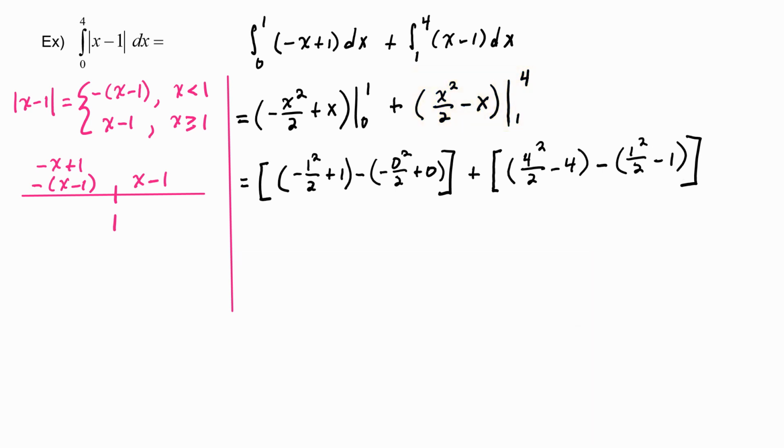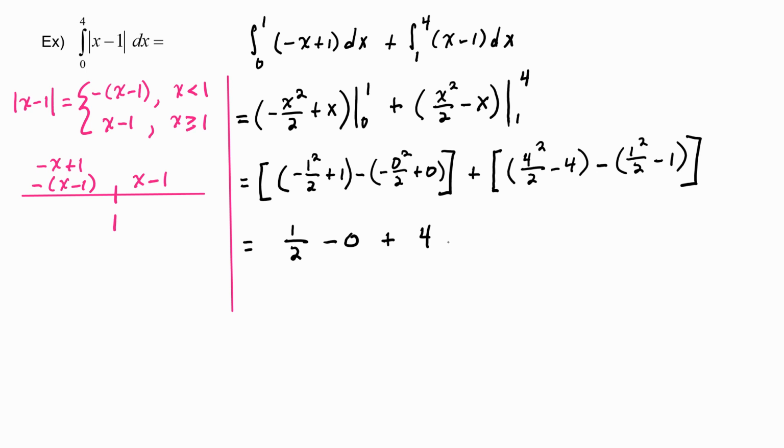Now we are ready to simplify. Here we see that we have negative 1/2 plus 1. That's going to be 1/2. And then here we get minus 0. Let's bring down this plus sign. From this term, we would have 16 over 2, which is 8. 8 minus 4 is 4.